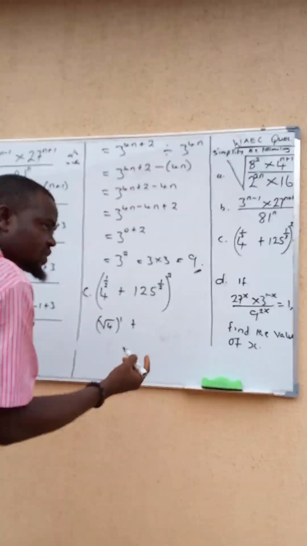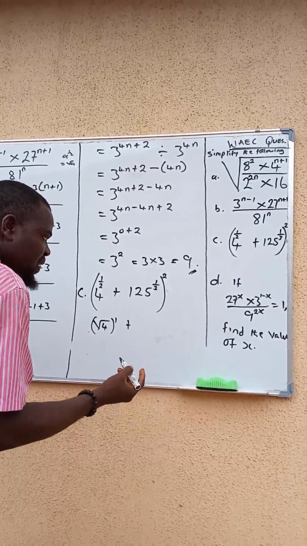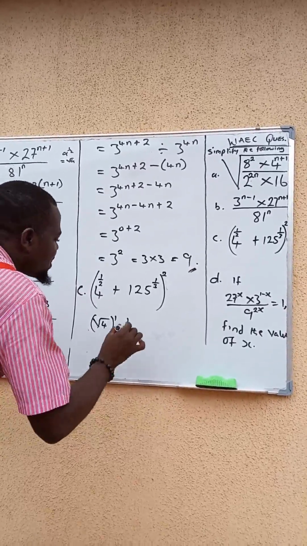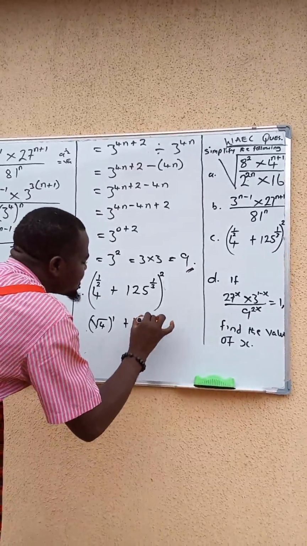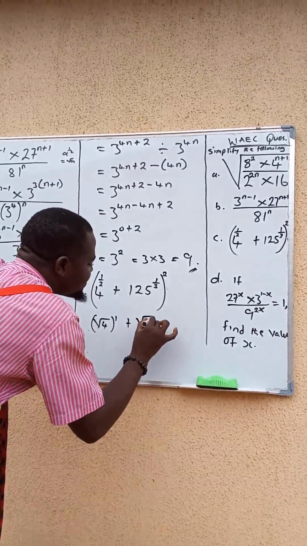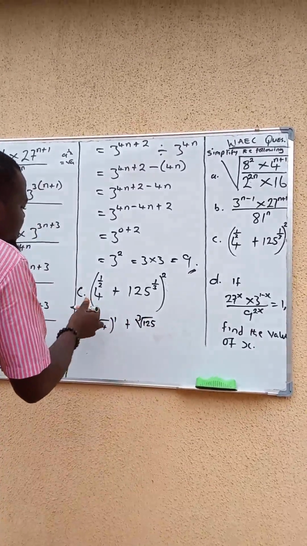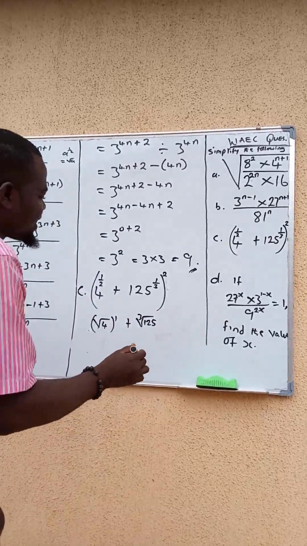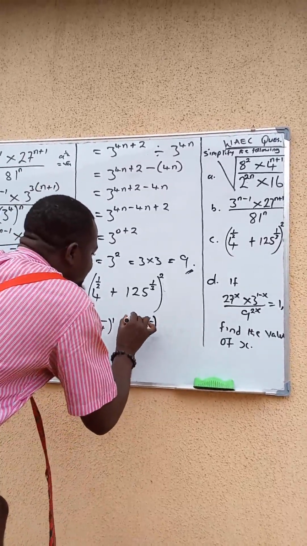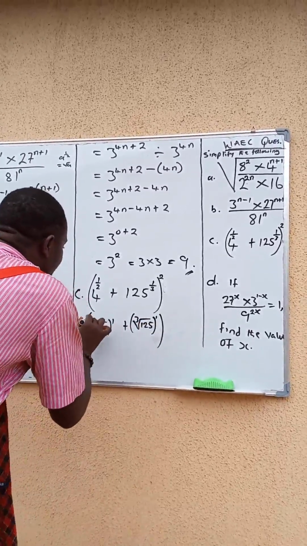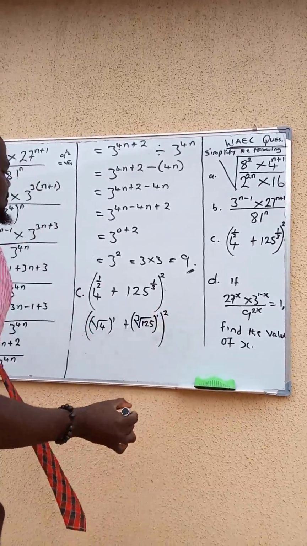The denominator of the fractional power tells us the root. So this one is the cube root of 125. Square root, you don't need to put the 2 again. So all of them raised to the power of 2.